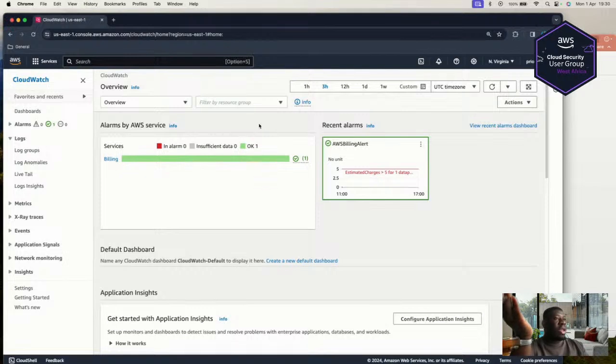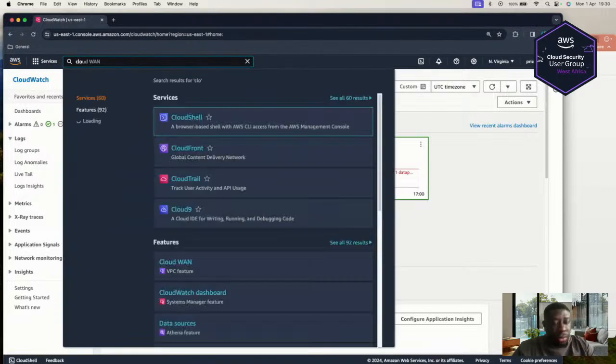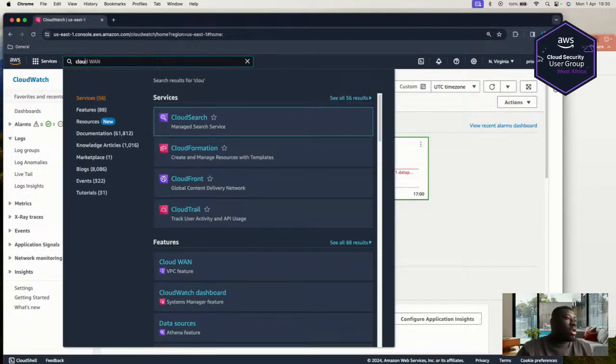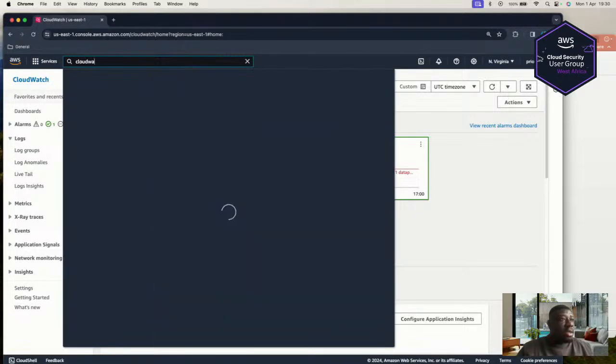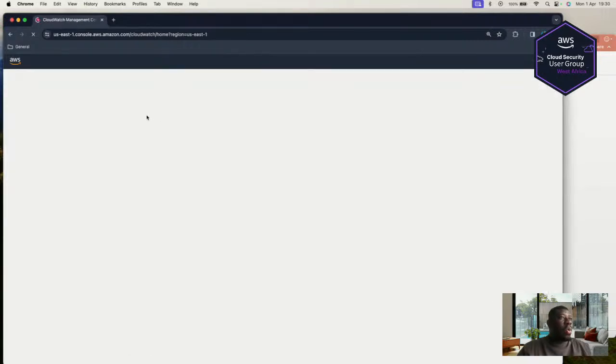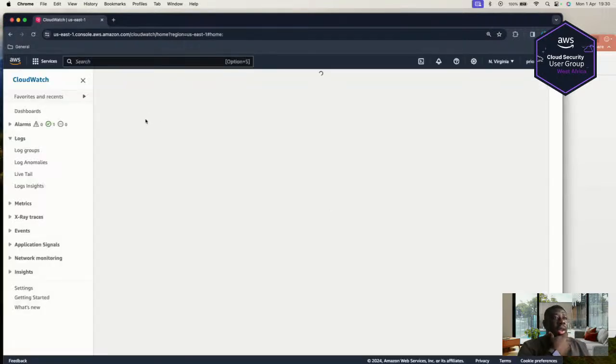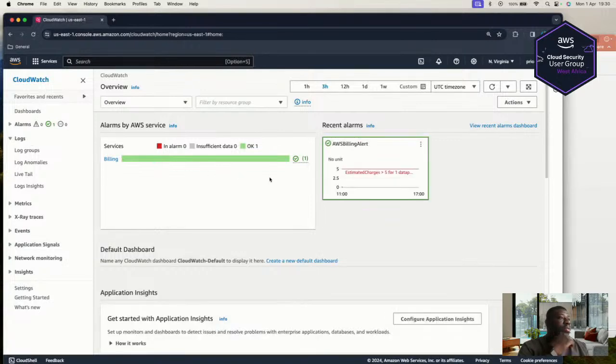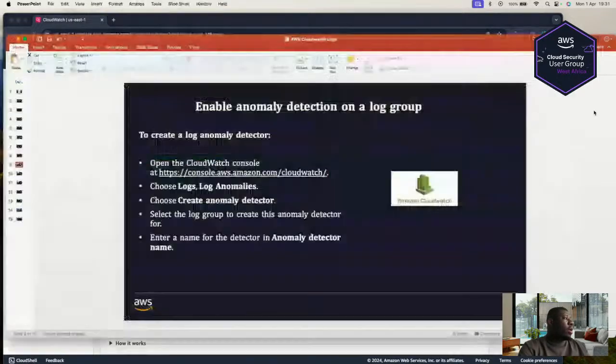So basically, you can authenticate into your AWS account. Once you're authenticated, you can search for the word CloudWatch from here, and you should be able to see that service. Once you do that, you are naturally brought in here.